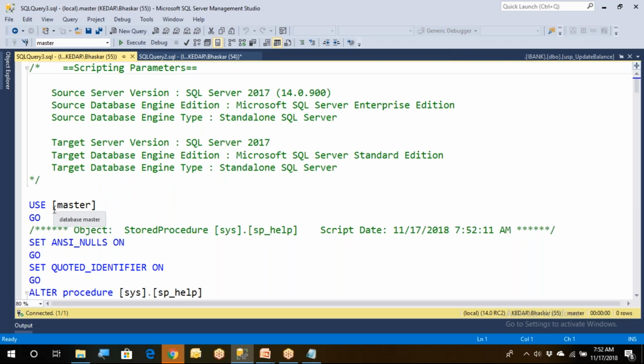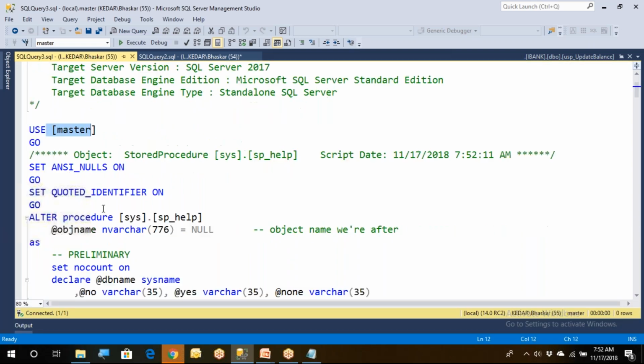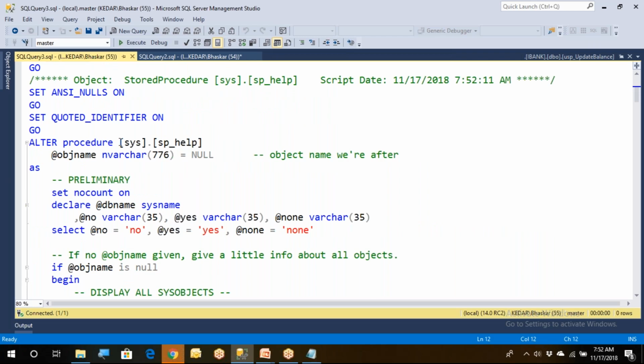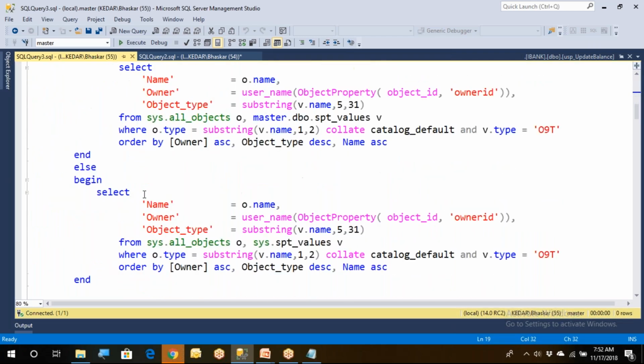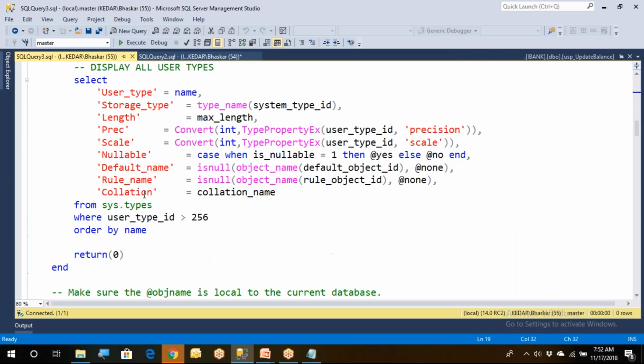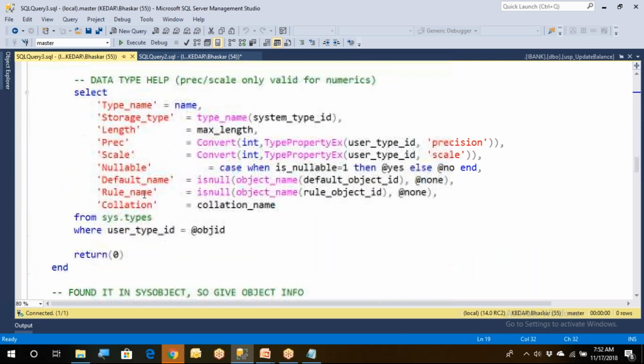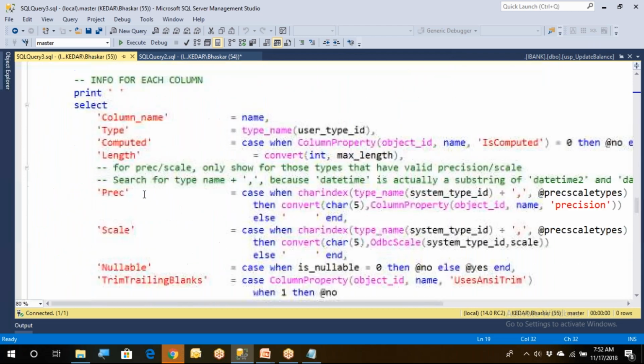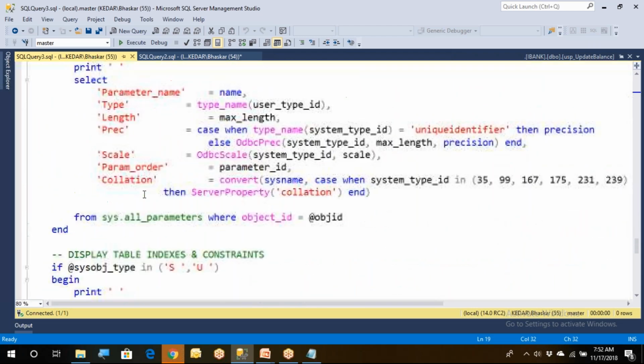Now it is there in the master database. It is the stored proc given by Microsoft to us, and now you can understand the complex logic of what it is doing. So this is the complete logic which has been written.